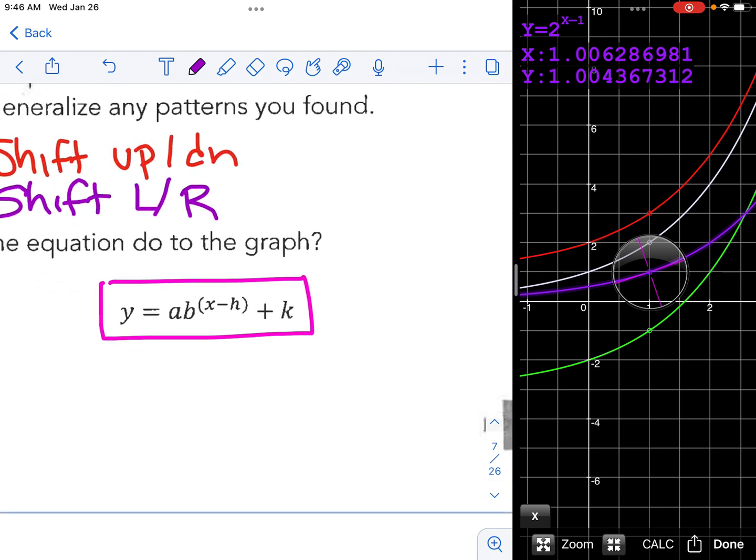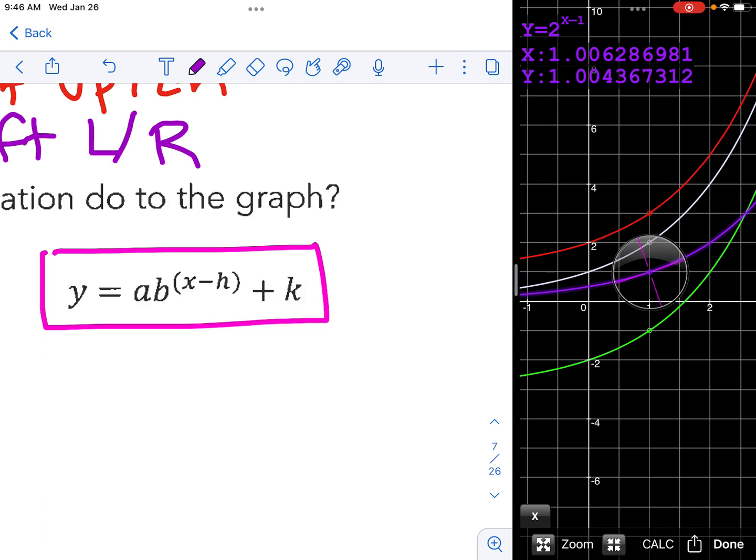So we have this general expression here, where we have the y-intercept, and a horizontal slide.